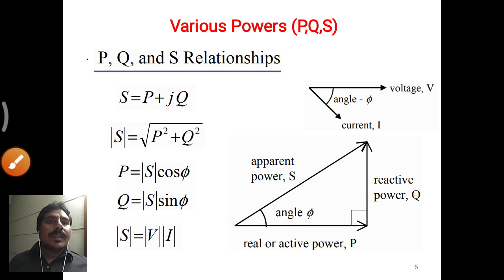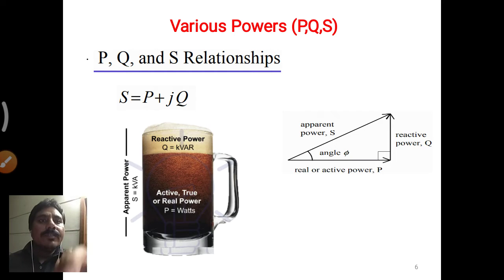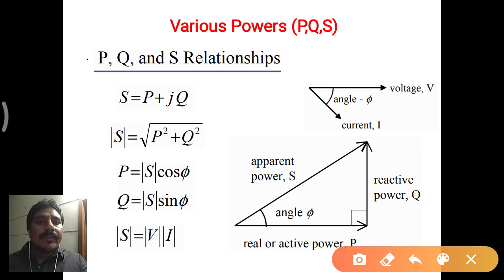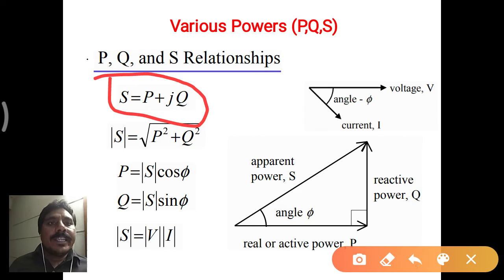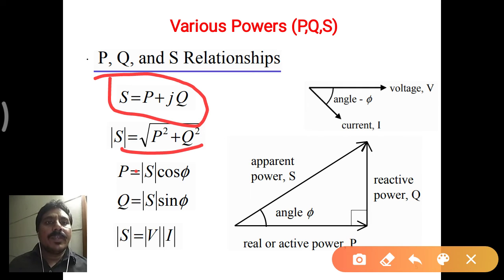Similarly, now I want to give the relation between active power, reactive power Q, and apparent power. Already we know that apparent power is the vectorial representation, so S is equal to P plus jQ, where P is the active or true power and Q is the reactive power, the imaginary part. So the magnitude of S is equal to the square root of P square plus Q square.